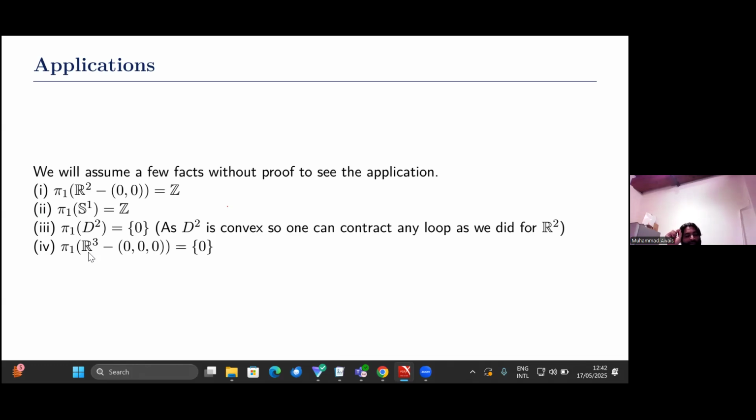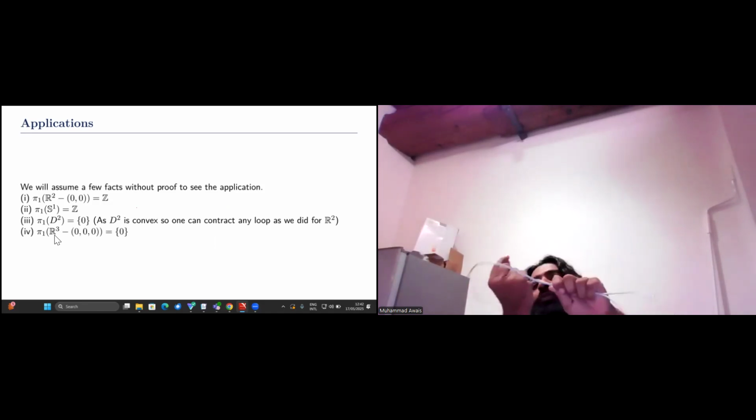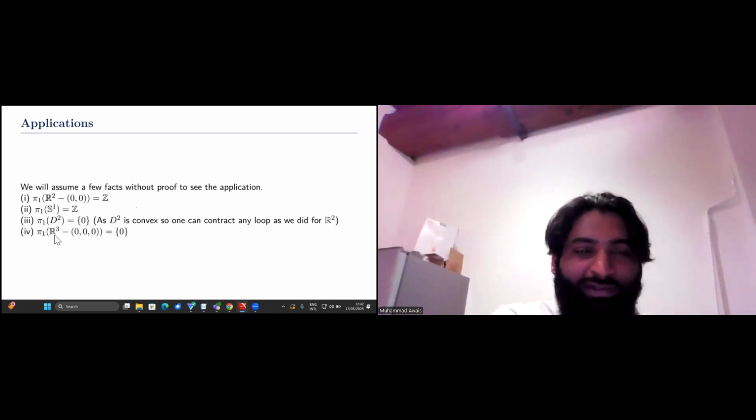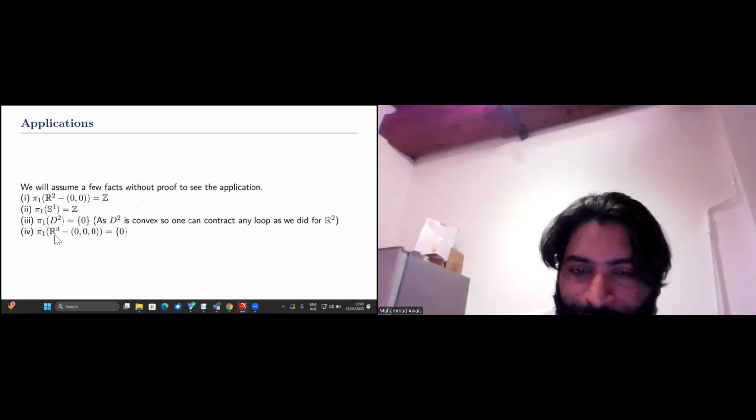Whatever loop you have, there is a lot of space to contract it. You can continuously move it, because there is a lot of space around that point. Come here and then contract it. So the fundamental group of a space like R3 minus 1 point is trivial.